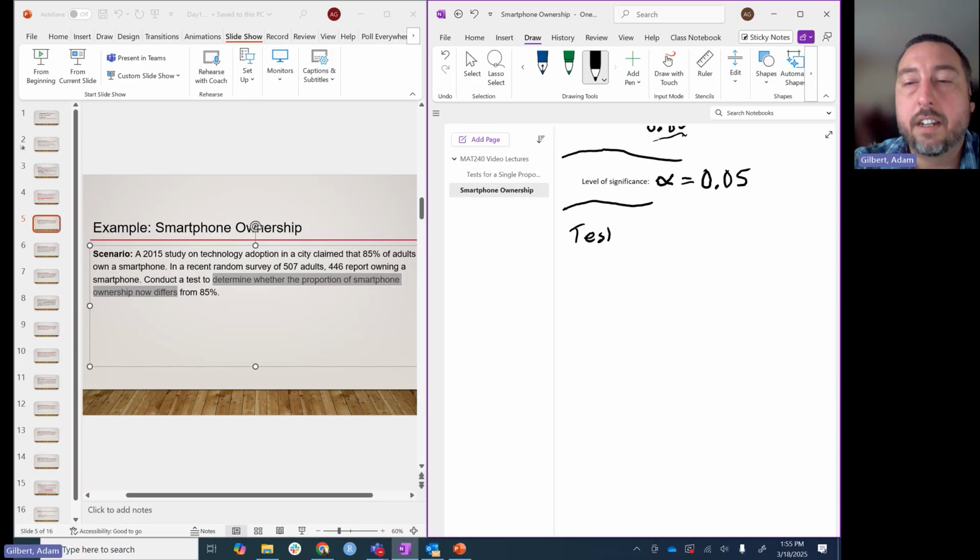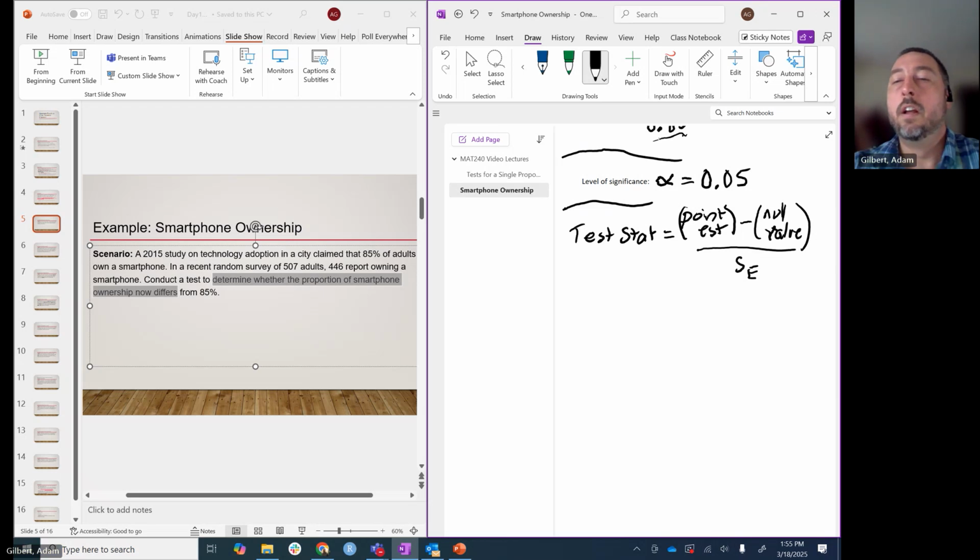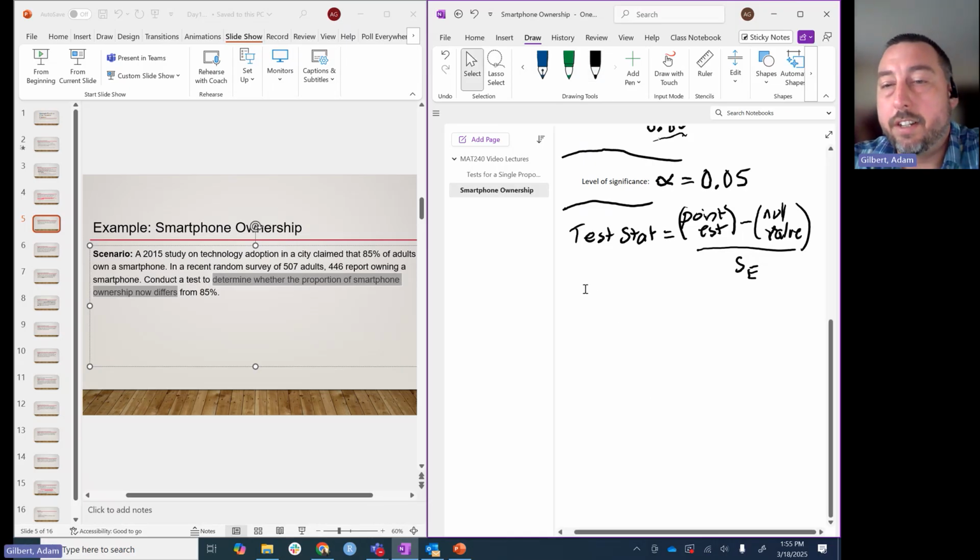So the test statistic is equal to a point estimate, subtract away a null value, and divide that by a standard error. We need to find these three quantities before we can calculate our test statistic.